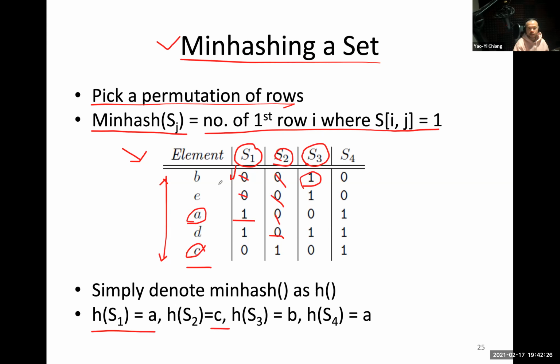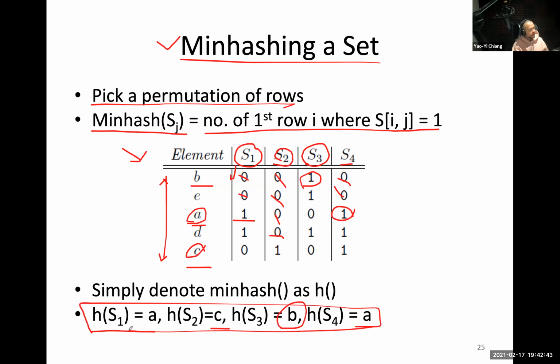Great. Don't have to scan further. The signature of S4 is A. Okay. Very easy. That's it. That's the entire min hash algorithm.